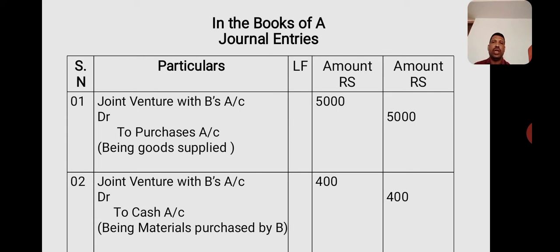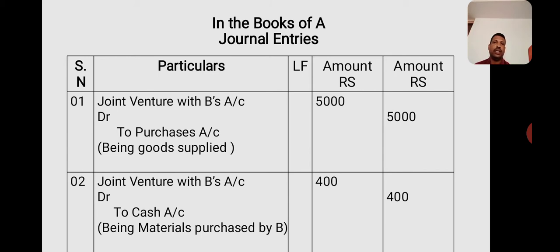So, the joint venture with other co-venturer account: if A and B are the co-venturers, then A has to prepare in his books the joint venture with B's account, and in B's books it will be termed as joint venture with A account.